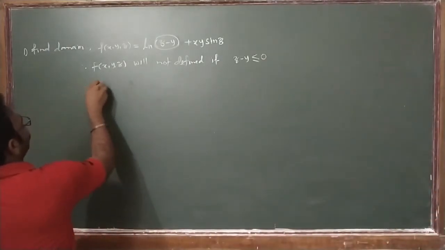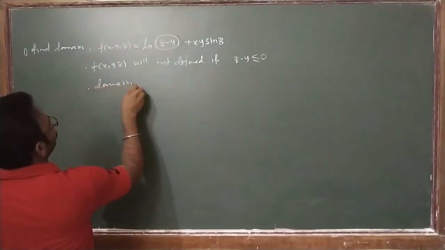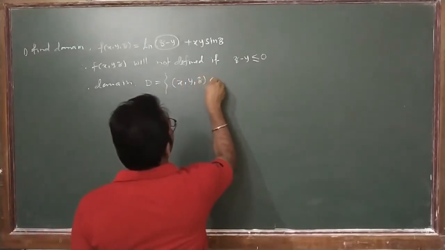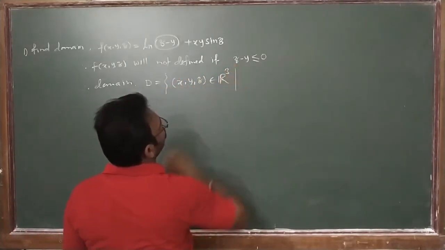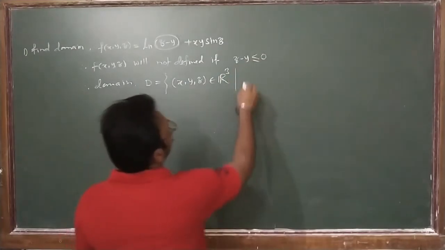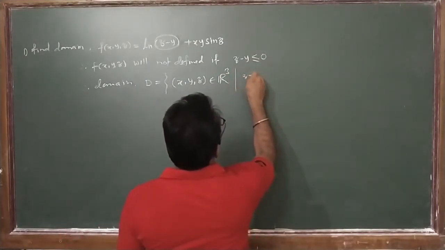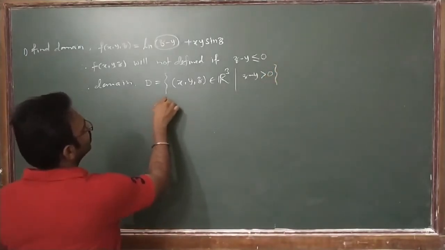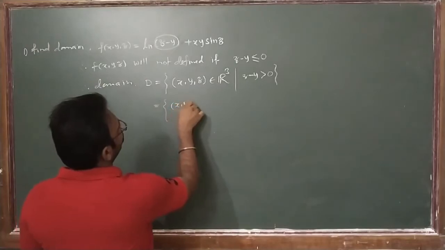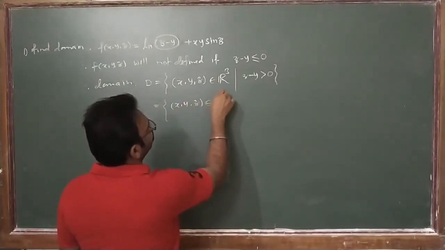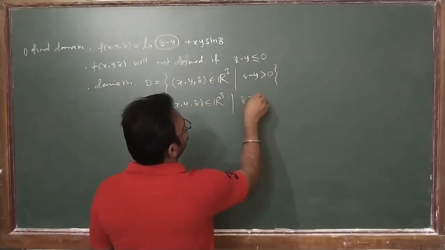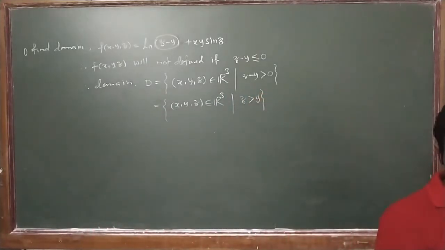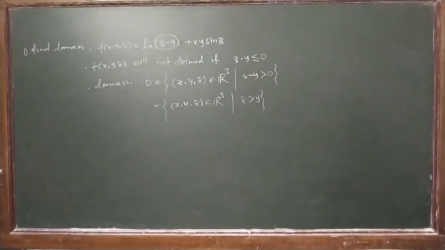Therefore, the domain of f will be the collection of elements in R3 for which z minus y is positive. Simplifying, it is the collection of points in R3 such that z is greater than y. So what are those points for which z is greater than y?